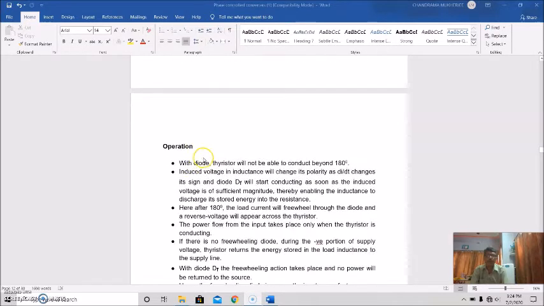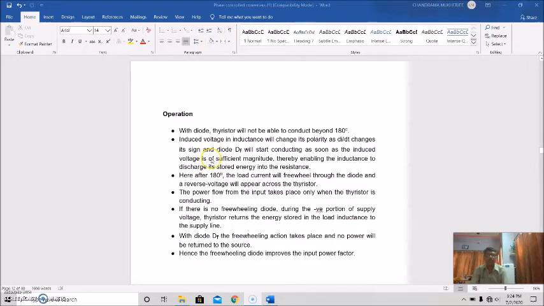So how does it operate? With the diode, the thyristor will not be able to conduct beyond 180 degrees. Induced voltage in the inductance will change its polarity as di/dt changes its sign, and the diode DF, the freewheeling diode, will start conducting as soon as the induced voltage is of sufficient magnitude, thereby enabling the inductance to discharge its stored energy into the resistance.